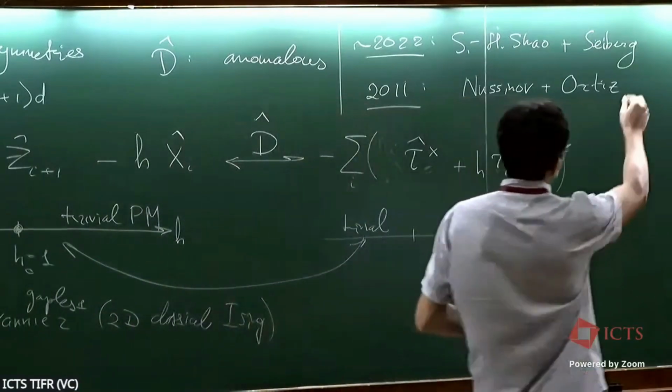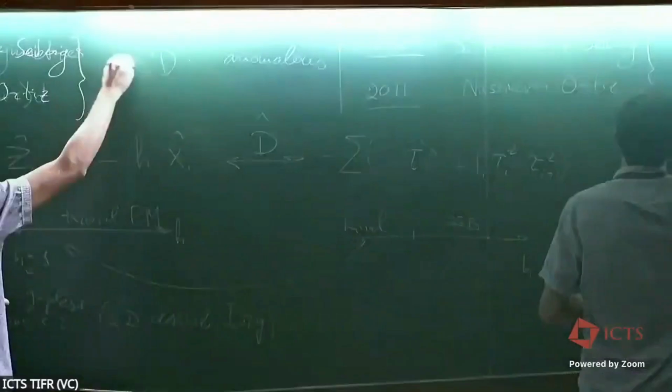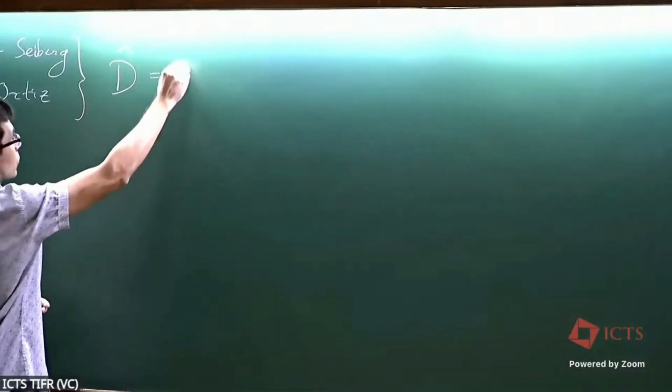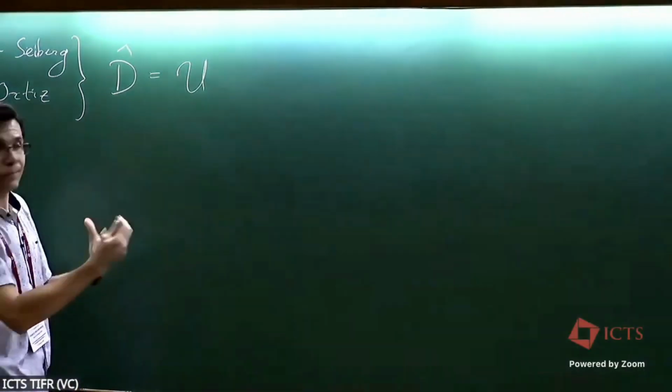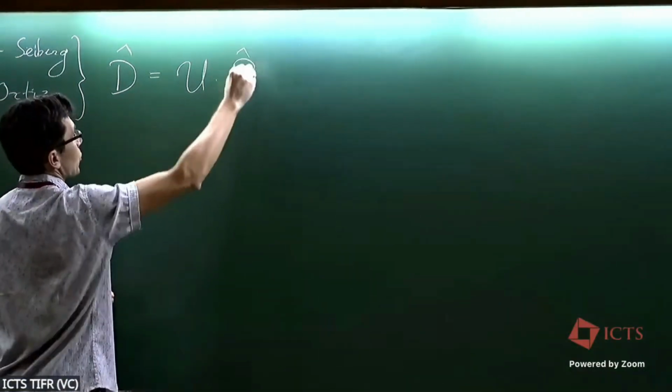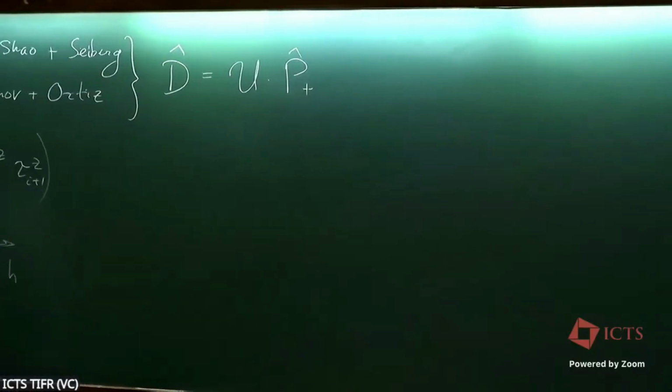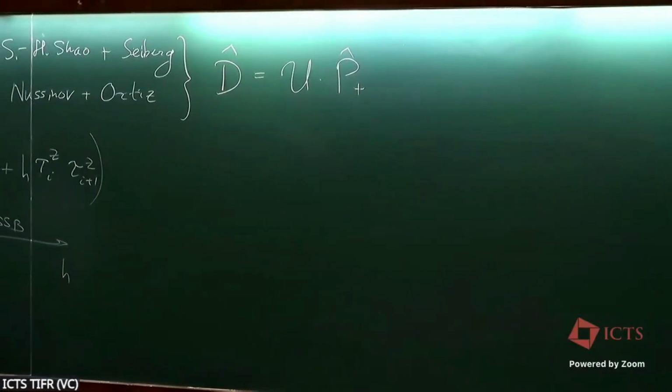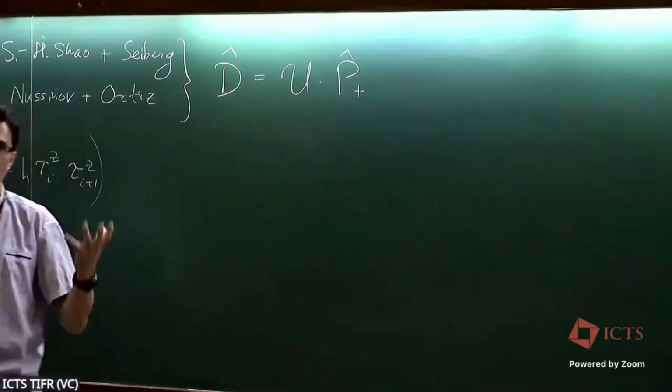In fact, what you could show is that the duality operator D could be written as a product of some unitary times a projection operator, and I'll talk more about this. So you could invert U, but you cannot invert the projector.